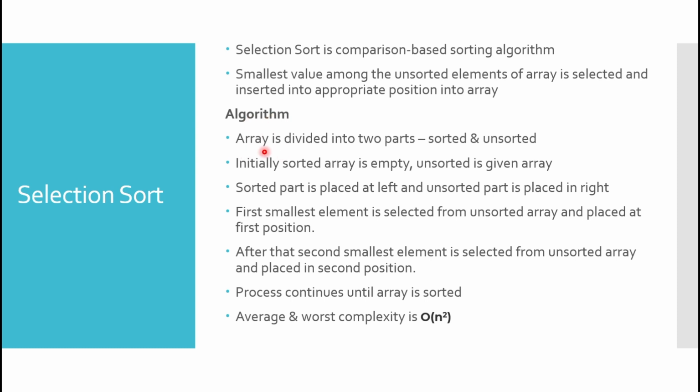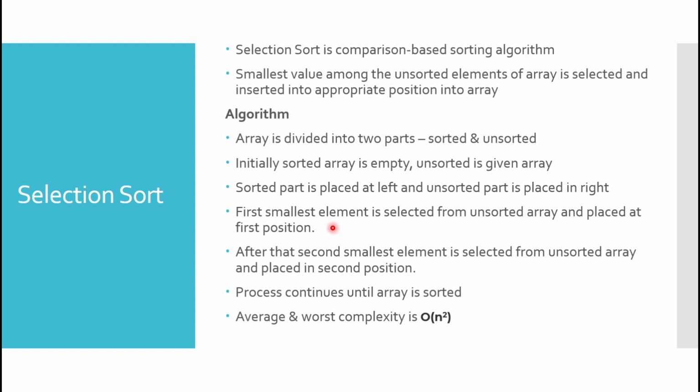Basically the array is divided into two parts, sorted and unsorted. Initially the sorted array will be empty and the unsorted array is the given array. The sorted part will be on the left side and the unsorted part on the right side.